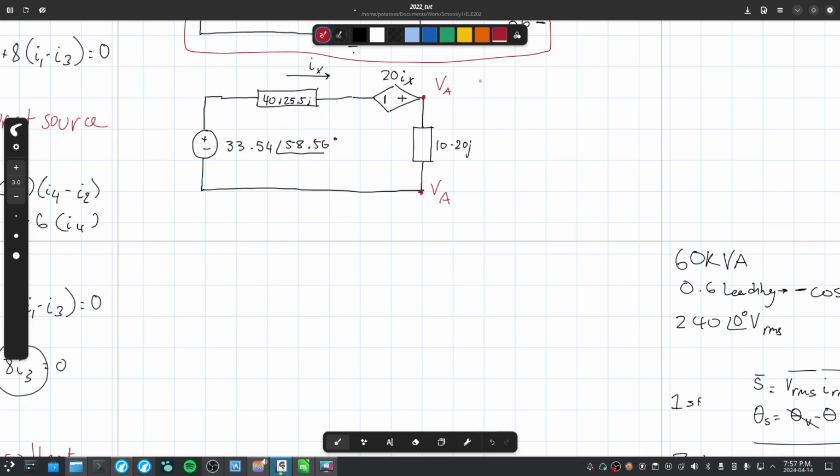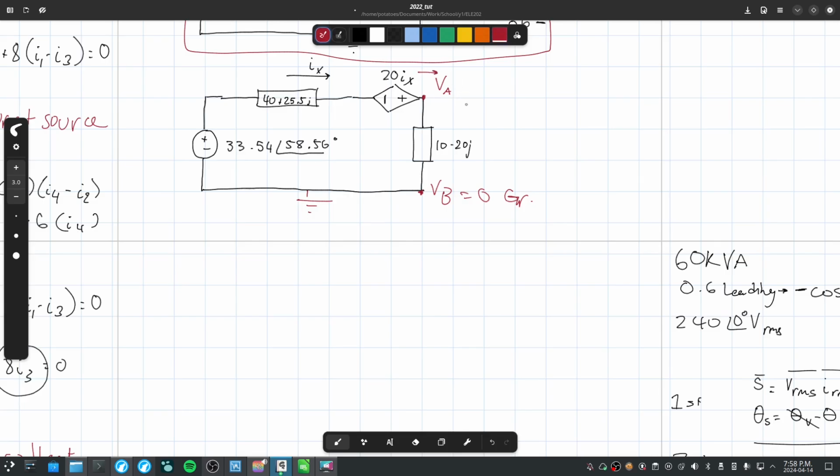So, oh, I wrote V. Yeah, I was just about to say. Oopsies. So VB is just 0. This is just ground. So actually, we are just solving a single equation here. So let's solve that. This is VA. There's two currents running through VA.